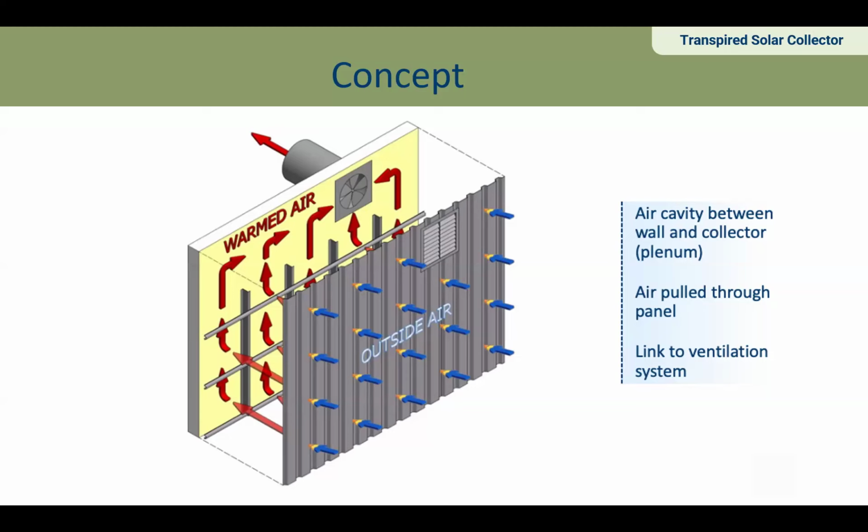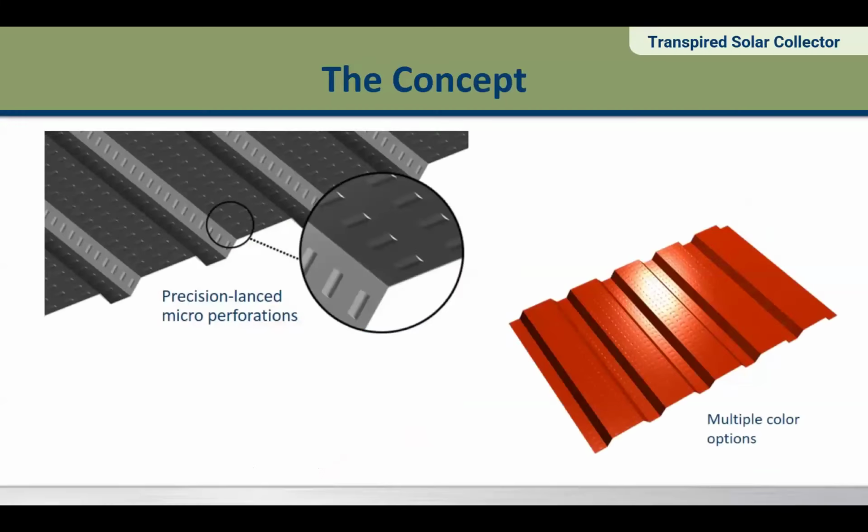And what we want to do is take advantage of that free energy, essentially, as a part of the building system. So this system, as you can see, it allows air to pass through it. That's what's the transpired part of the transpired solar collector passing through. So we're allowing air to pass through these micro-lance perforations or conventional perforations to have air go back into that space.